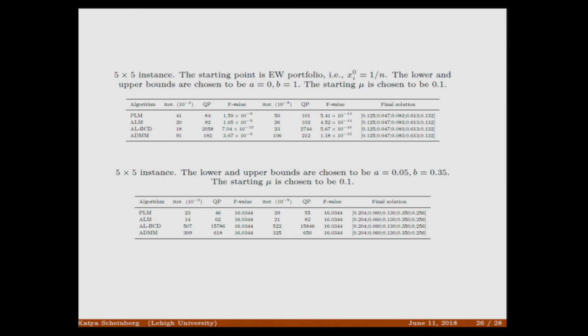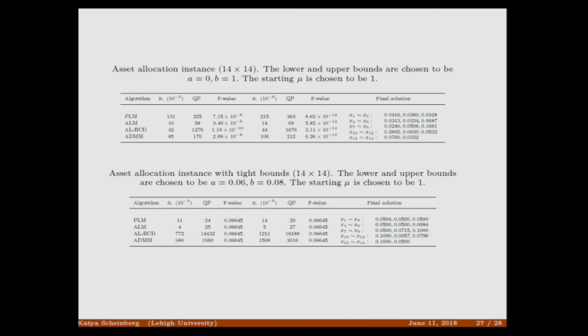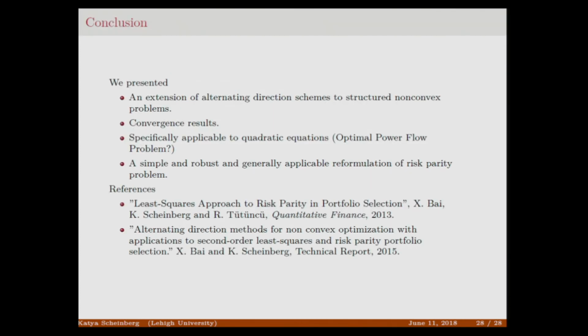This is the case where there is risk parity, and this is the case when there is no risk parity. So they're two different cases. And this is a slightly larger result, and again the convergence is super fast. You can see it converges in just a few iterations and gets good accuracy. And that's essentially all I have to say about this.